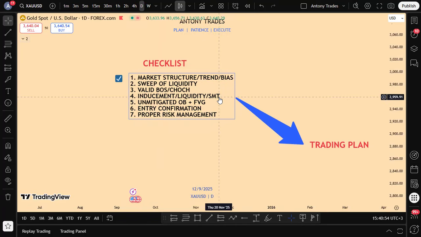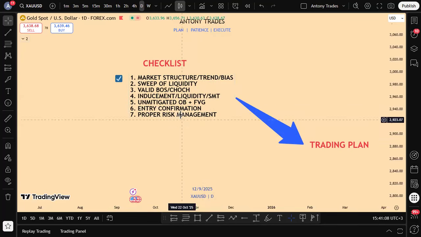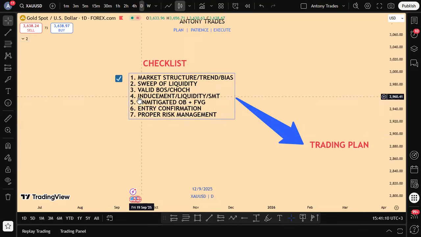Now, after you mark or after you identify where is the inducement, where is the liquidity, or where is your trap, then you go to the next point, which is also very, very important, because this is the area where now you mark your point of interest.